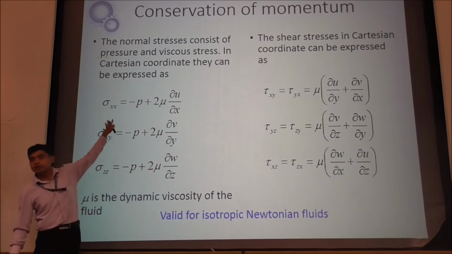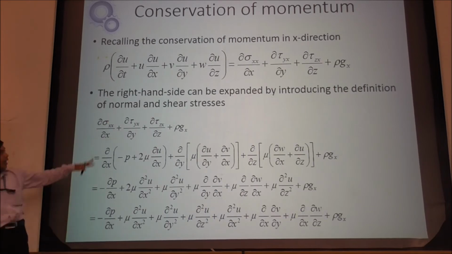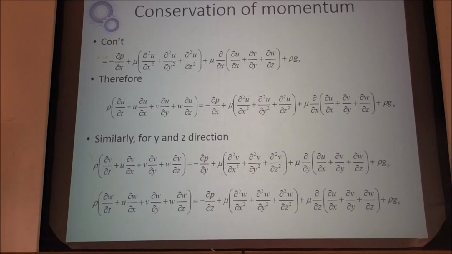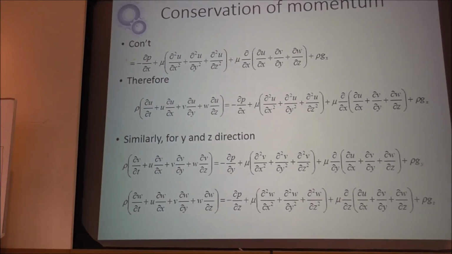So you plug in this to that, you will end up having this one. Okay? So you do some mathematical manipulation, you will end up having this. Similarly for the y and z direction.